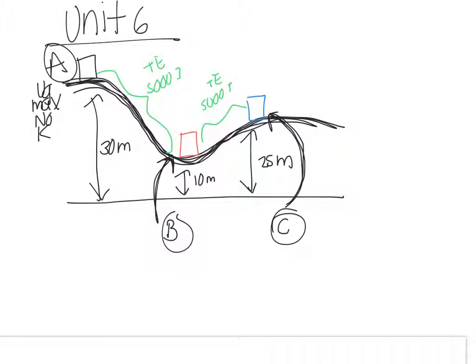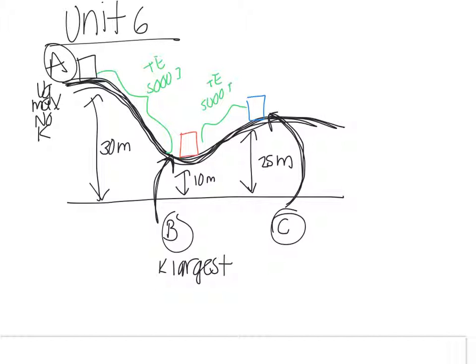So at B here, I'm coming from point A where I'm stopped, and then I go down this steep hill. I gain some thermal energy from friction, but at point B, that's where I really should have the most amount of kinetic energy. Out of those three, that's where my kinetic energy is going to be largest.